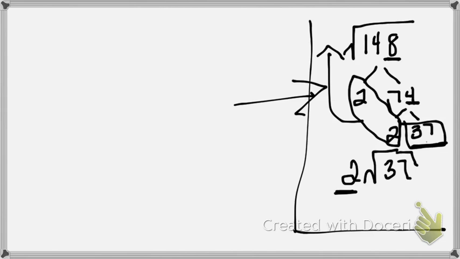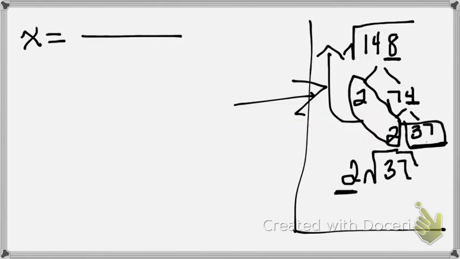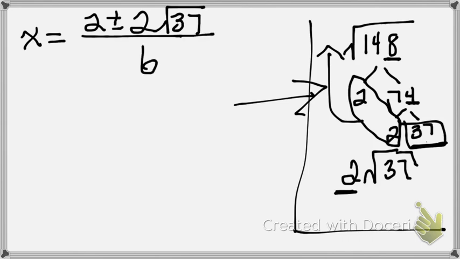From here, I can now go back to my quadratic formula, and I can say, okay, this right here simplifies. 2 plus or minus 2 square root 37 all over 6. Okay? This is when I told the cheesy joke, 3 parts to my heart. What are 3 parts to my heart?